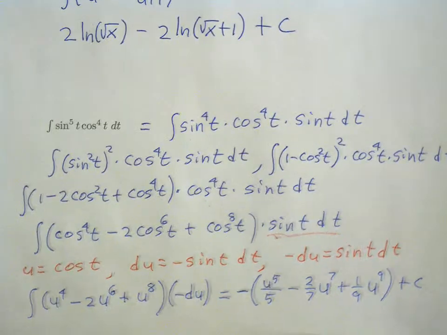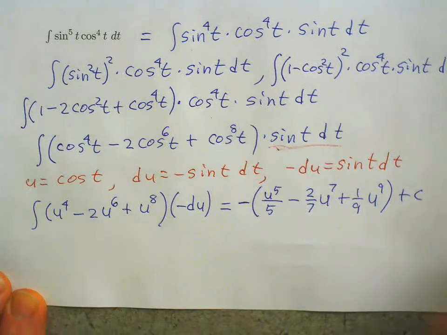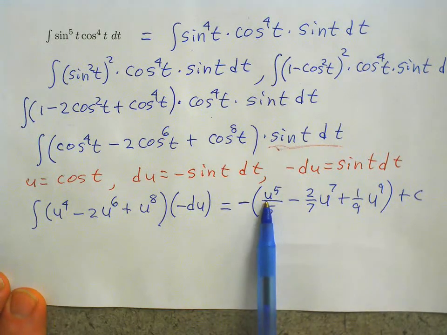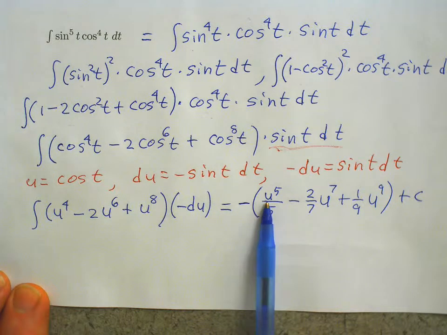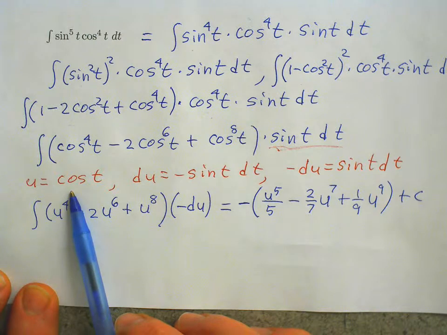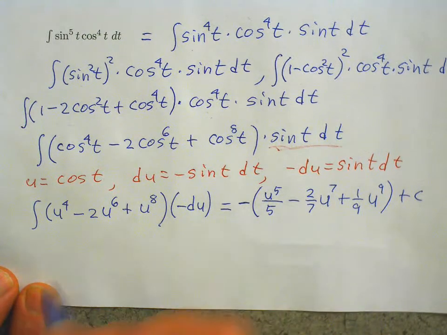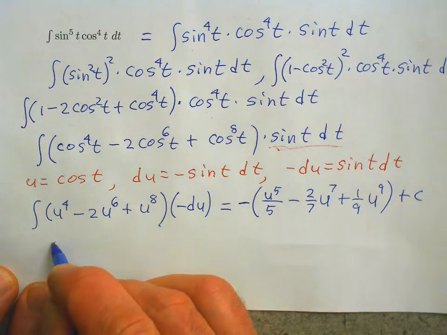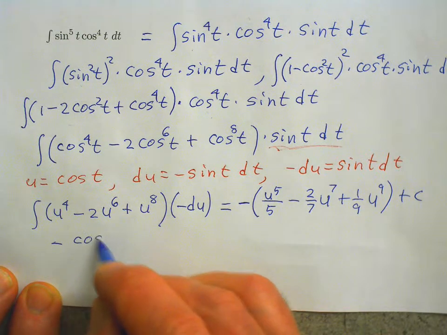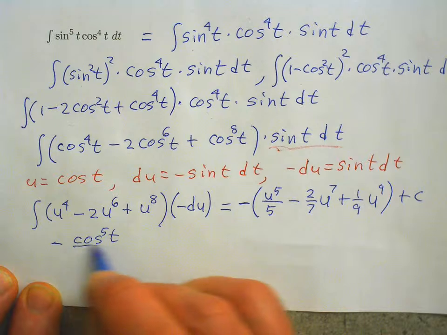And then in the last step, we'll replace u with cosine of t and also distribute multiplication by negative 1. So our final result is negative cosine of t to the fifth over 5.